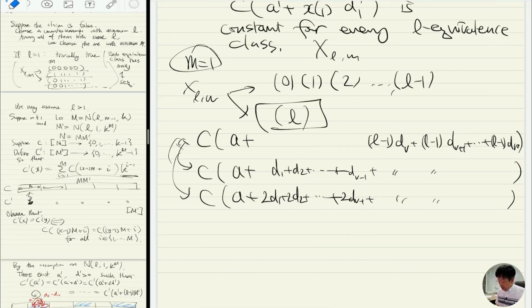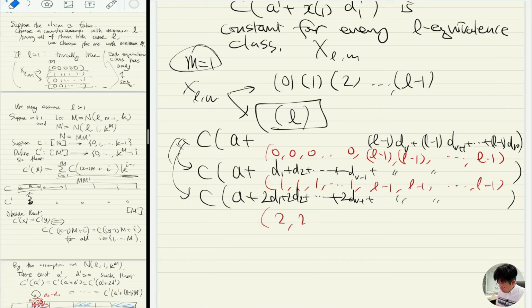The thing is, all these sequences, so this corresponds to sequence 0, 0, 0, 0, L minus 1, L minus 1, up to L minus 1. This is 1, 1, 1, 1, L minus 1, L minus 1, L minus 1. This is 2, 2, 2, L minus 1, L minus 1. They belong to the same L minus 1 equivalence class.